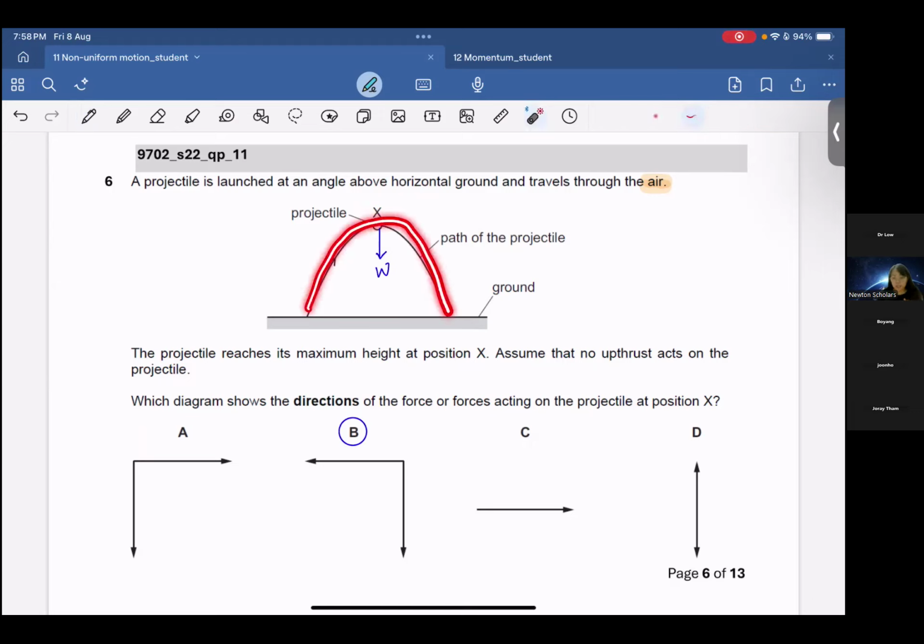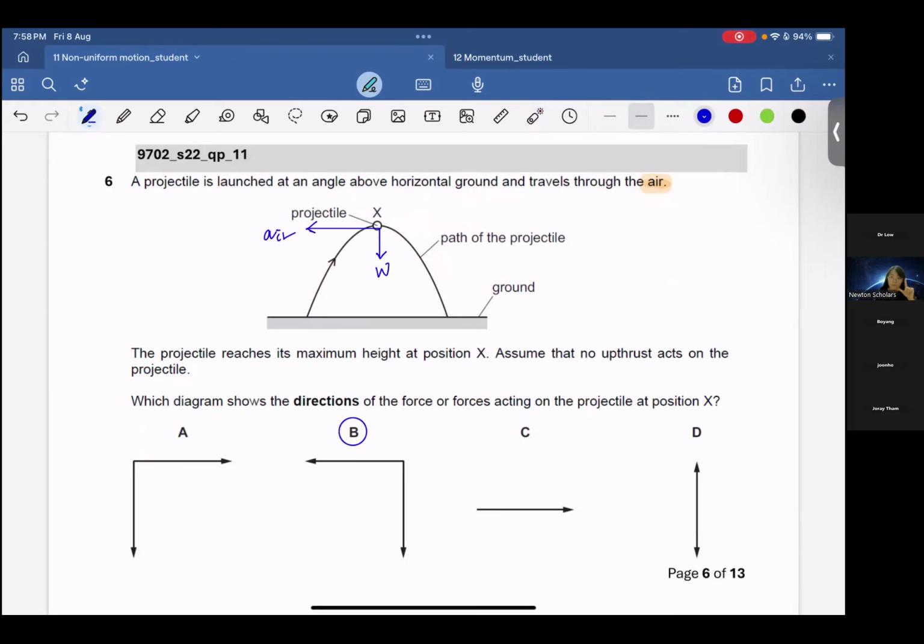This is the direction of motion. Motion is not a force. So air resistance always opposes your motion. You are moving in this direction, so air resistance should oppose your motion. So this is air resistance. Answer should be B. Okay, this question will trick you.